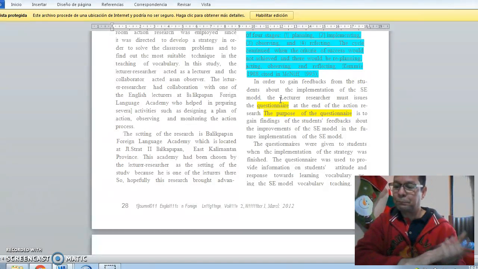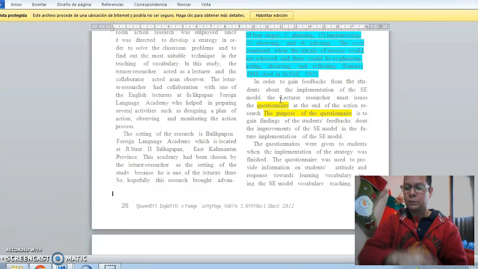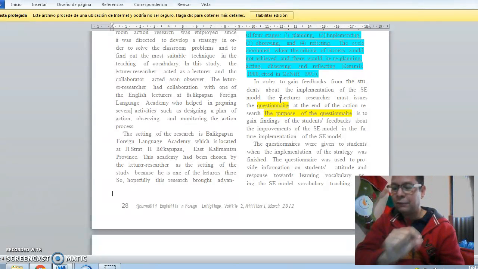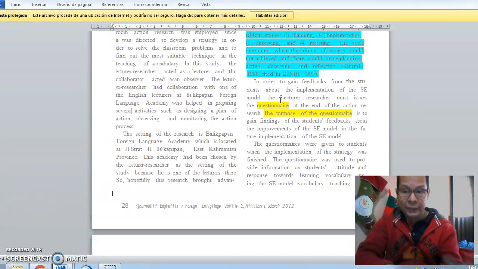This statement is reinforced when it is indicated that the purpose of the questionnaire is to obtain the findings of the students' opinions on the improvements of the 5E model. The questionnaires were given to the students when the implementation of the strategy was completed.